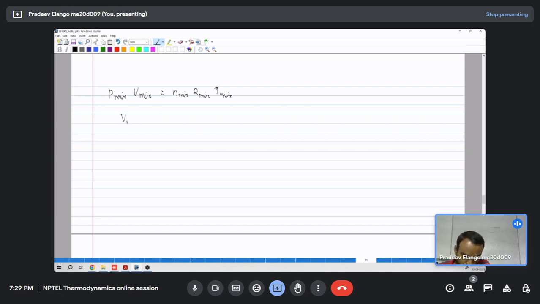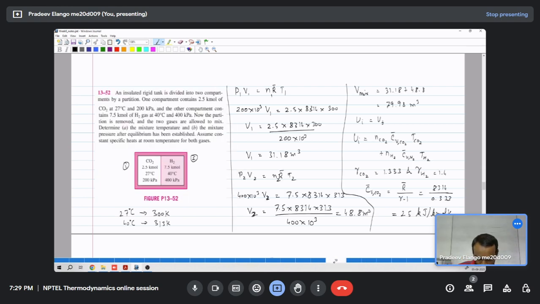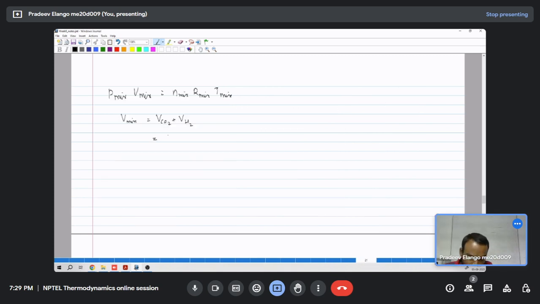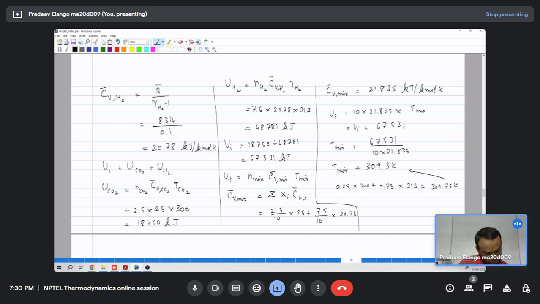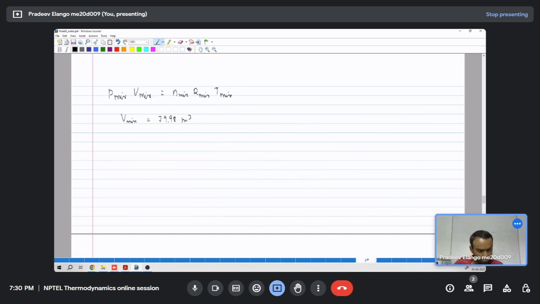Here V of the mixture is V of CO2 plus V of hydrogen, that we have already calculated, that is 79.98 meter cube. Now R of mixture, on molar basis it is only the universal gas constant and there is no problem about it.